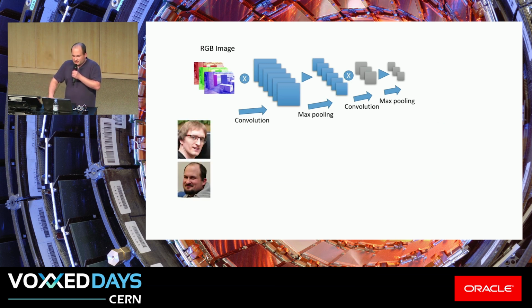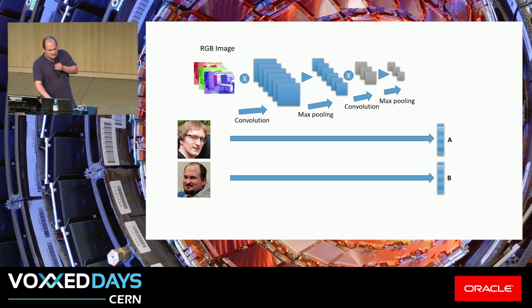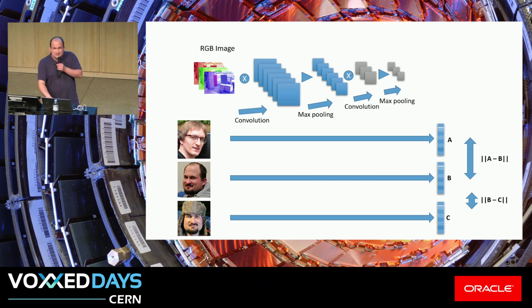If we feed the network with two faces, we get those feature vectors, those signatures, and we train the network to maximize the distance between those signatures if they belong to different persons, and minimize the distance if these are the same faces.